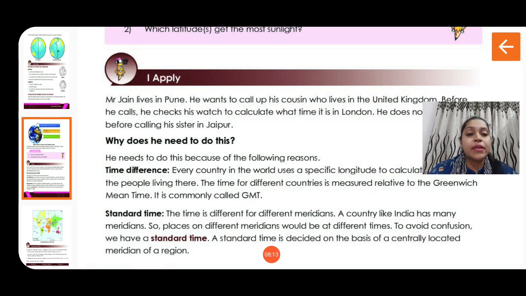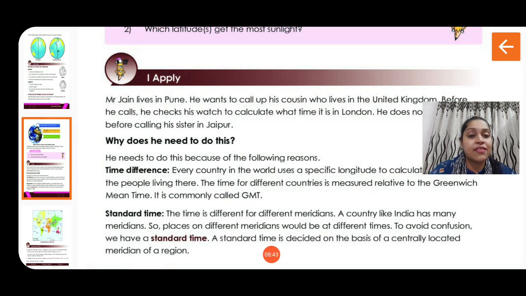India has many longitudes passing, and each would have a different time. In order to avoid confusion, only one standard meridian is taken, and the time of that standard meridian is taken as the standard time.